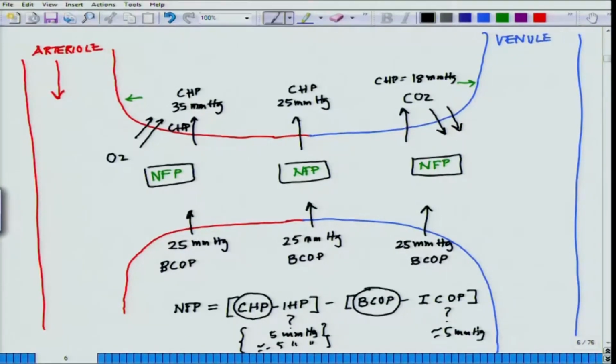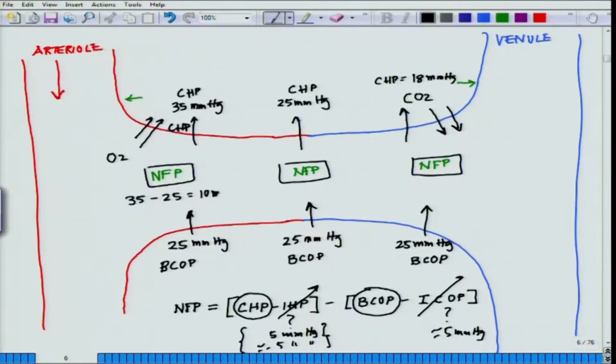So, if you ignore these two terms, it boils down to capillary hydrostatic pressure minus capillary osmotic pressure. Now if you do the calculation here, capillary hydrostatic pressure is 35 millimeter mercury and capillary osmotic pressure is 25 millimeter mercury.